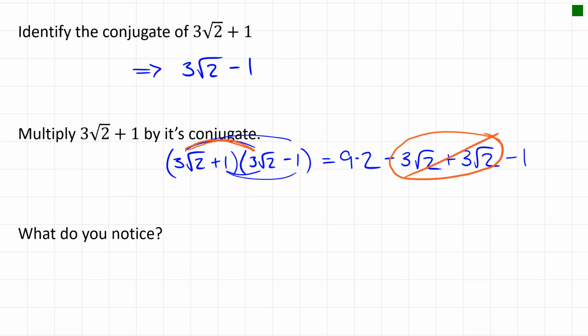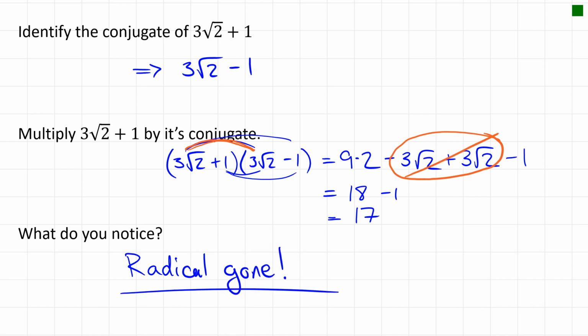So our radical also disappeared there. So this would be 9 times 2 is 18 minus 1 is 17. What did you notice? Radical gone. So this is the power of the conjugate.